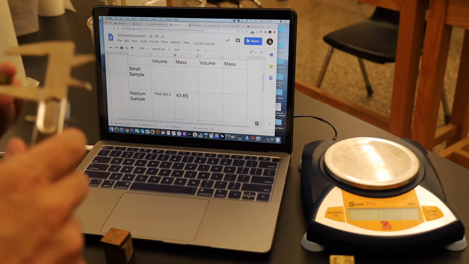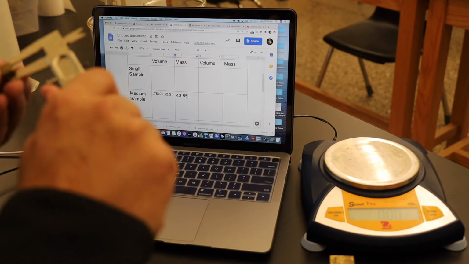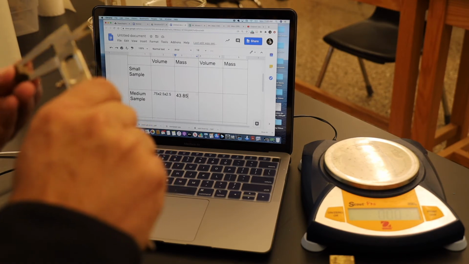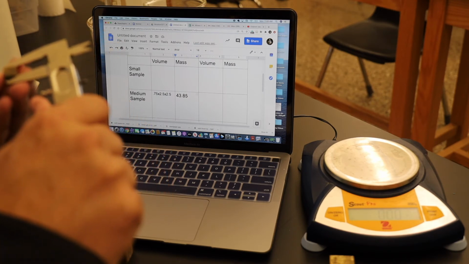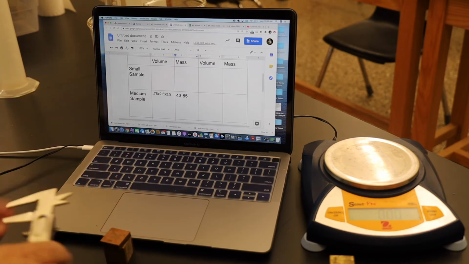And my final sample, the small sample of the same material, is 1 centimeter by 1 centimeter by 1 centimeter.